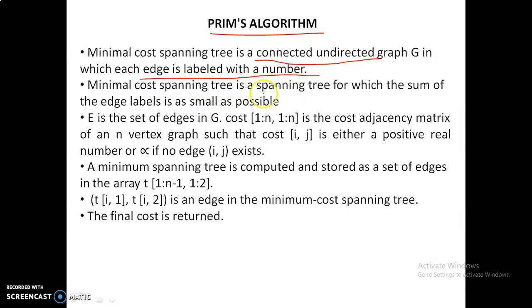Each and every edge is labeled with a number, which is the weight of the edge. The minimum cost spanning tree is the one having the smallest possible total value with the possible edges. So we want to find the minimum cost tree with all possible edges. Sometimes we need to choose edges carefully.